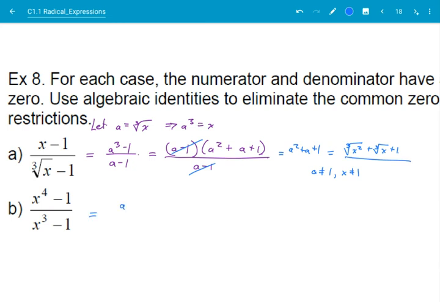So this will be x squared minus 1, x squared plus 1. Sorry, not a, x. So just difference of squares in the numerator to start, difference of cubes in the denominator. Factoring the numerator a little bit further.